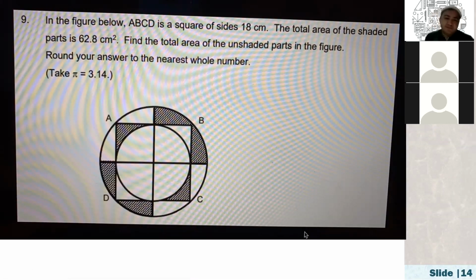Narmin, can you read the question? Yes. In the figure below, ABCD is a square of side 18 centimeters. The total area of the shaded parts is 62.8 square centimeters. Find the total area of unshaded parts in the figure. Round your answer to the nearest whole number.